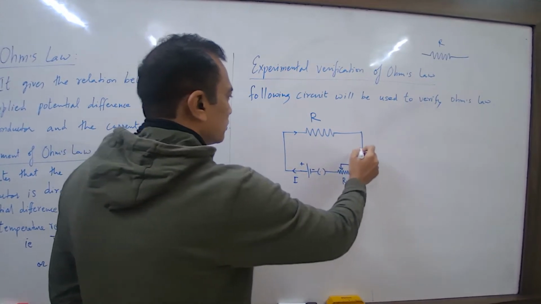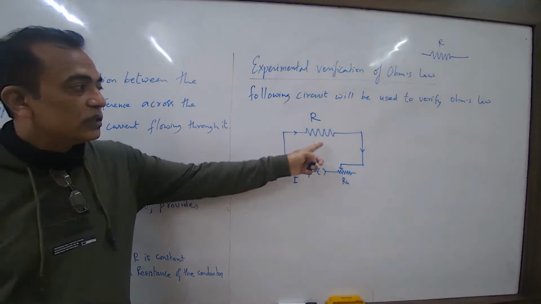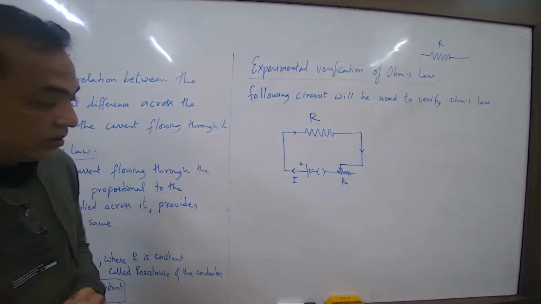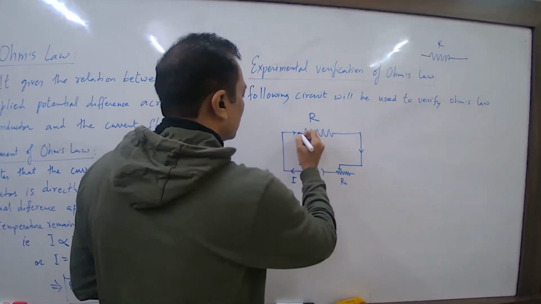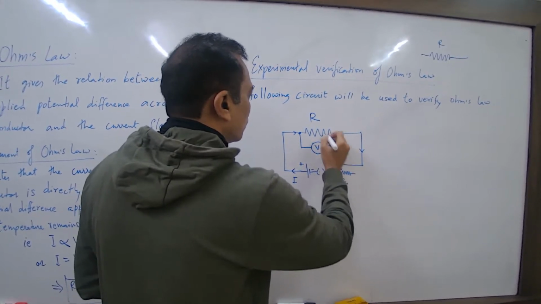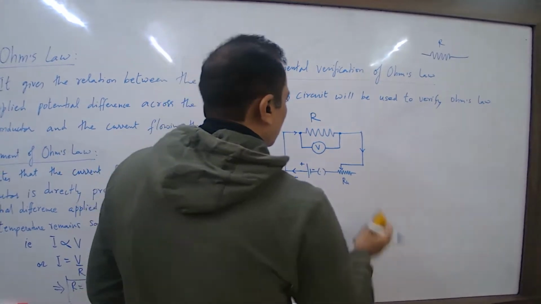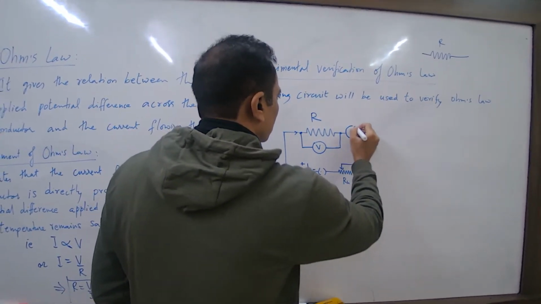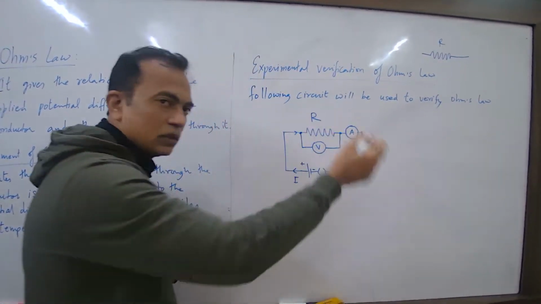This is how the current is flowing. Now we need to measure the voltage across this resistance and the current flowing through it. For that we need meters. We will connect a voltmeter here to note down the potential difference across the resistance, and we will connect an ammeter here to measure the current flowing through the resistance.